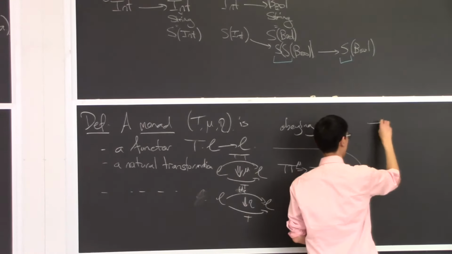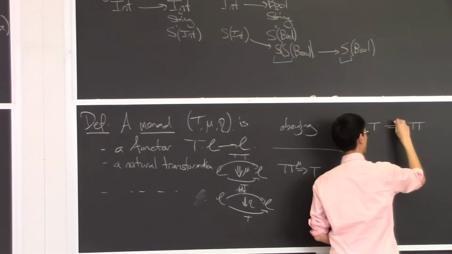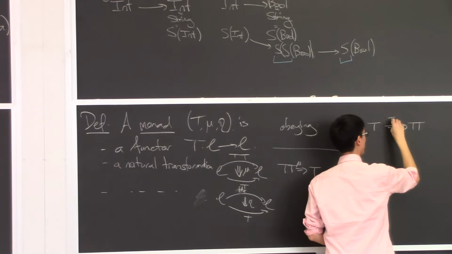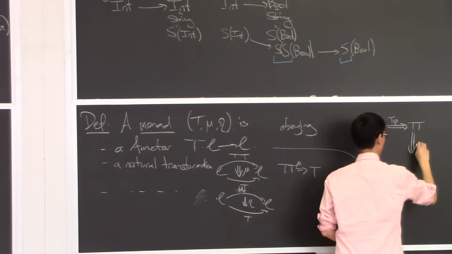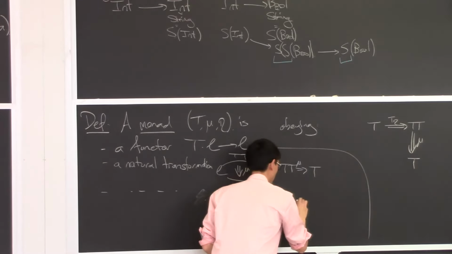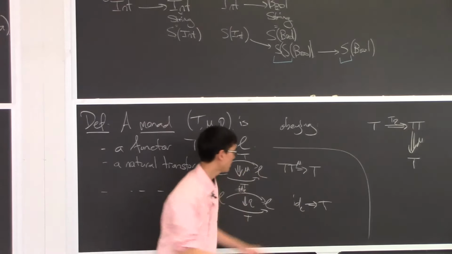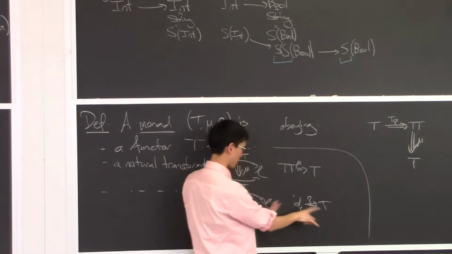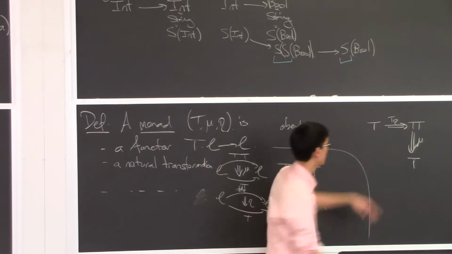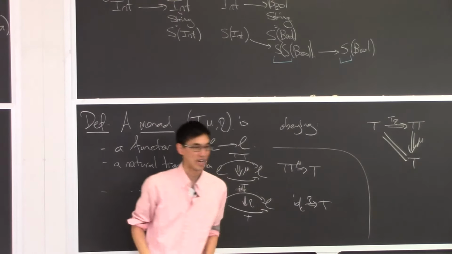And we can play the same game where we can draw these squares. Let's call this t of eta, and this one mu. So mu goes from t squared to t. Eta goes from the identity on C to t. If we apply t to eta, which you can do, then we get a map from t to t squared. And so we have a unit law that looks like that.